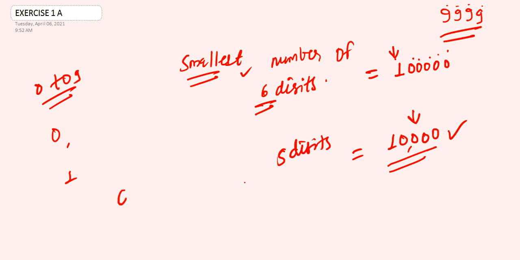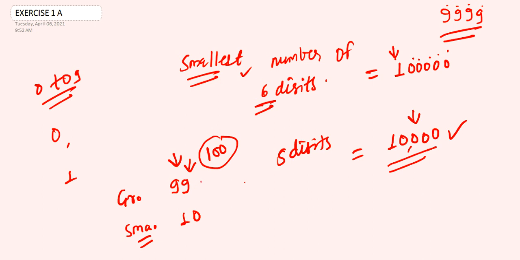For example, greatest 2 digit number 99, smallest two digit number that is 10. अब देखो यहाँ पे 99 के बाद सीधा क्या आता है, 100 आता है, और 100 कितना हो गया, 3 डिजिट हो गया। तो इसीलिए 99 जो है वो ग्रेटेस्ट टू डिजिट नंबर है। मीन्स 99 के बाद ऐसा कोई टू डिजिट नंबर नहीं है जो उससे ग्रेटर है, ठीक है। Then smallest number, two digit smallest number is 10. After 10 we are having 11, so you can't consider 11 as a smallest two digit number.